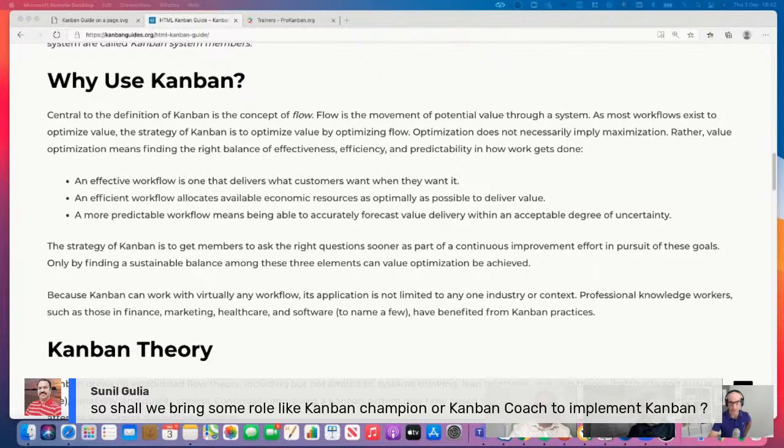Because I'm a big believer in team, right? As a team, we all win and we all fail together. So making sure that as a team we're doing the right things, that's the important thing. Now, if you need a coach to do that, fine, but you shouldn't have to have that.